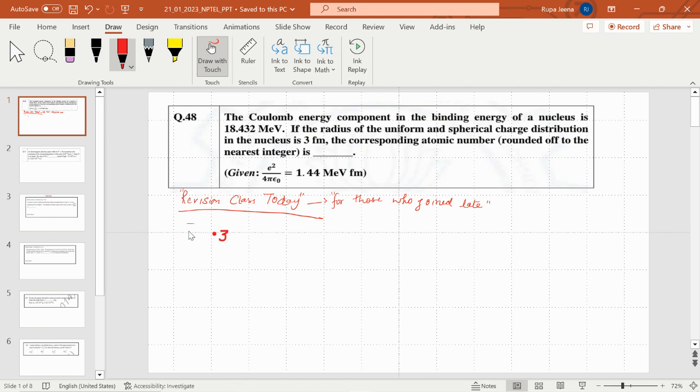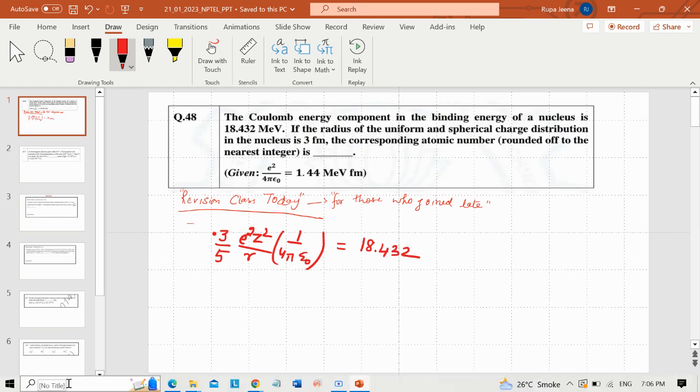You know the Coulomb energy component of binding energy is 3 by 5 e square Z square upon R, times 1 upon 4 pi epsilon naught, right? You are given the value of this whole term that is written on the right hand side, and that is 18.432.